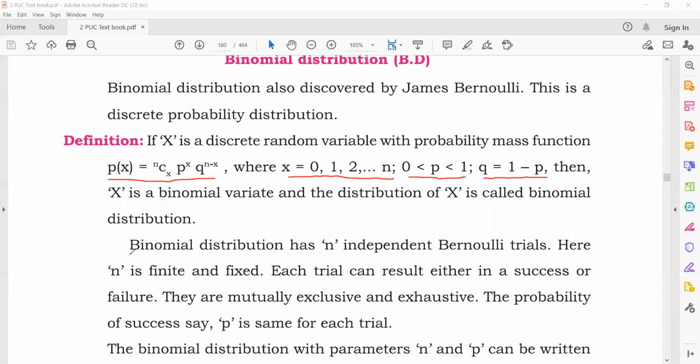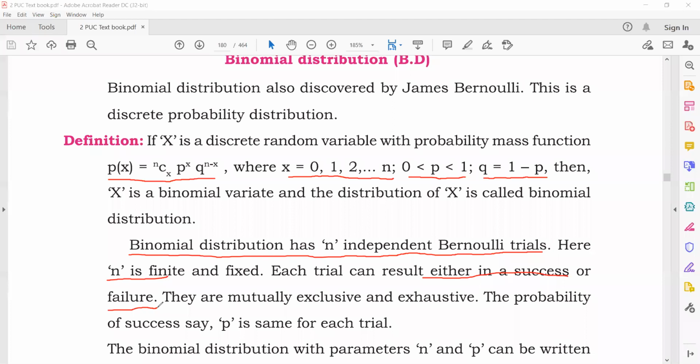Now, if you remember, the binomial distribution is nothing but the sum of n independent Bernoulli trials. So we are taking repeated Bernoulli trials and counting how many successes we had in total. Then the number of successes also follows a binomial distribution. On the other hand, if you count the number of failures, they also follow the same distribution, but not together.